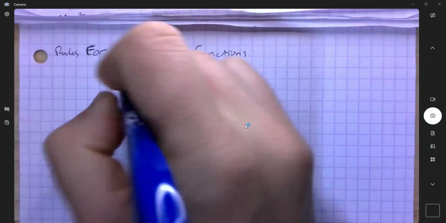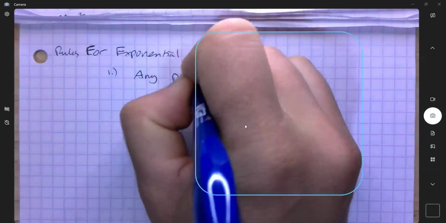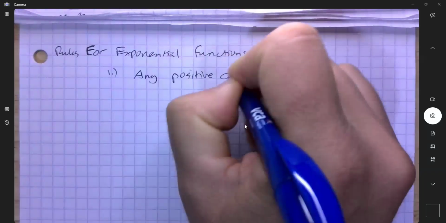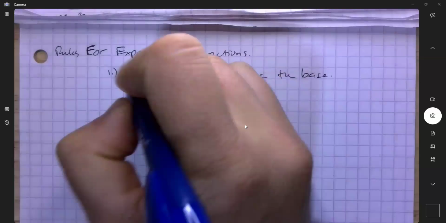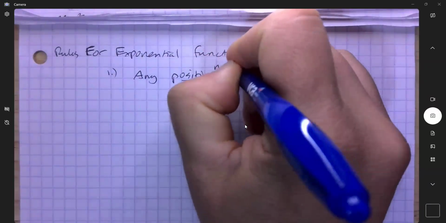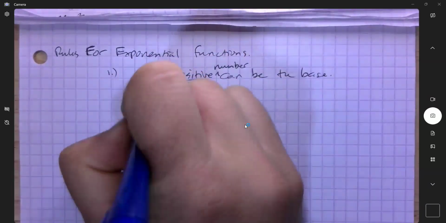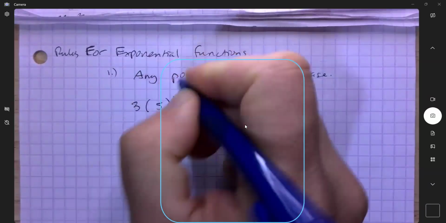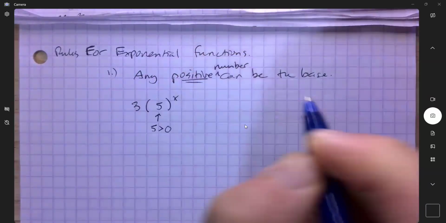The first rule is any positive number can be the base, but it has to be positive. So things like 3 times 5 to the x, that's fine because the base right there is positive.